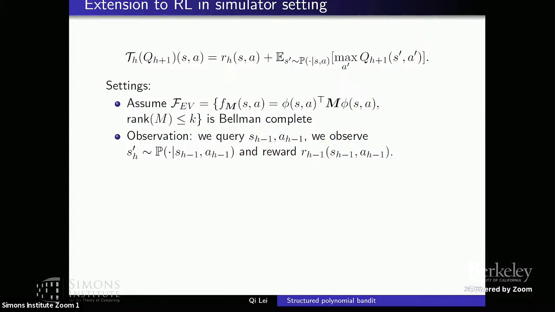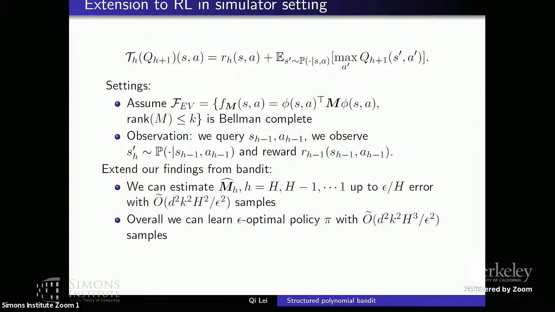For this setting, we can use the idea from our bandit problems. We can treat that as an oracle, and we can estimate this M of the Q function. With each time step H, we can estimate this M up to an epsilon over H error with order of d squared, k squared, H squared over epsilon squared samples.